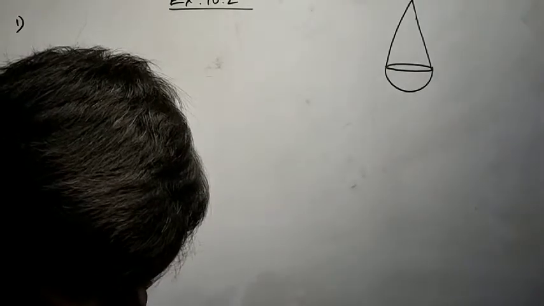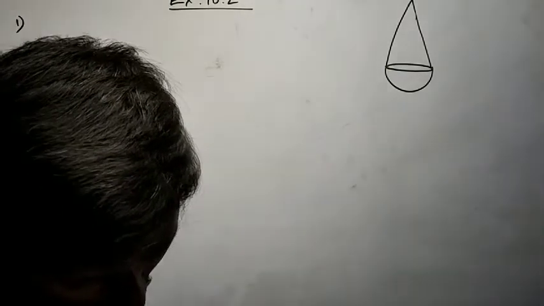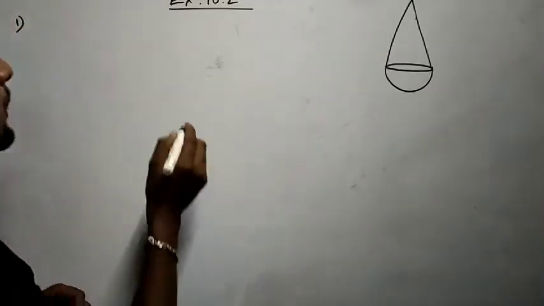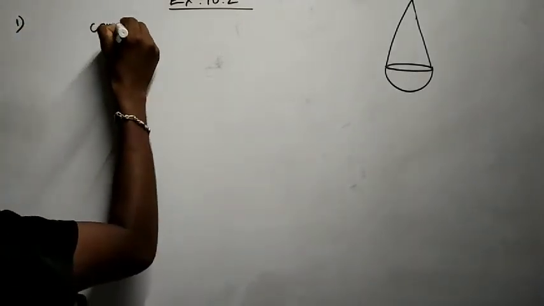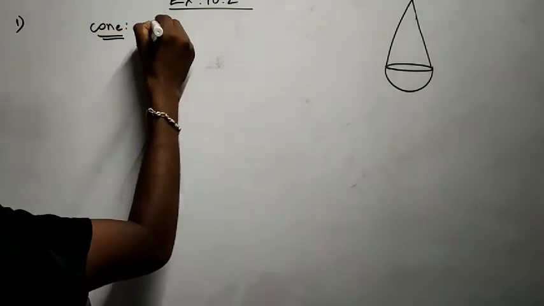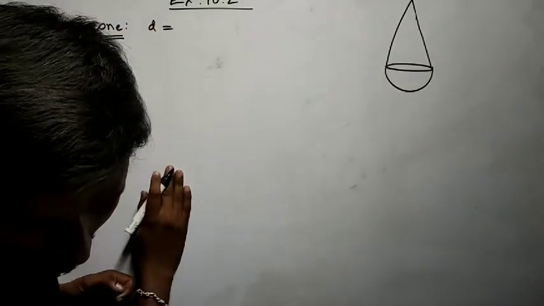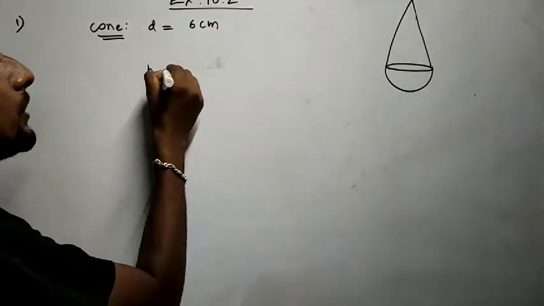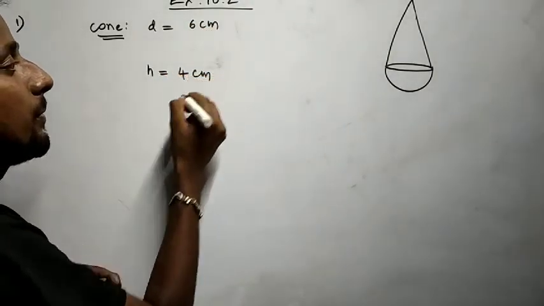The height of the cone and the diameter of the cone are given. So the cone details: the diameter of the cone is 6 centimeters and the height of the cone is 4 centimeters.